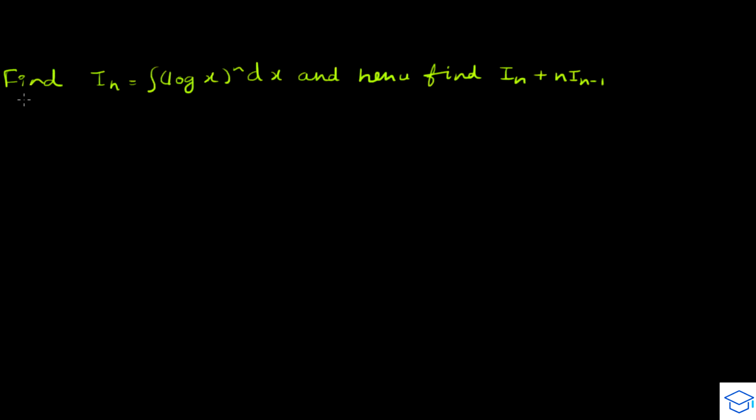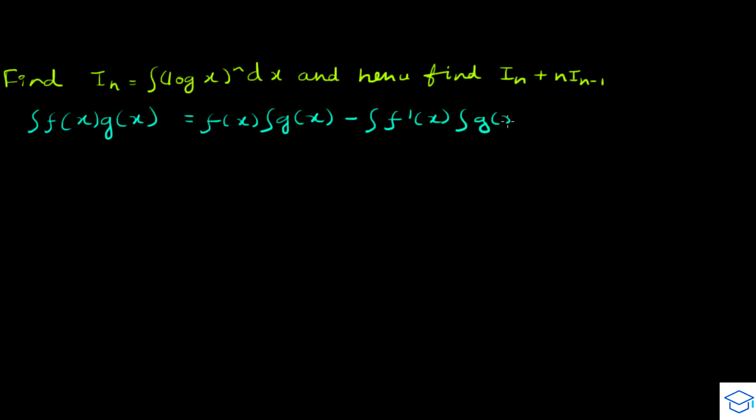So to solve this problem we need to use the UV rule of integration, which states that integral of f of x g of x is equal to f of x into integral of g of x minus integral of f dash of x into integral of g of x.